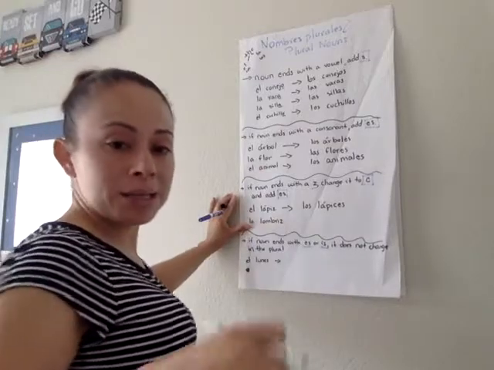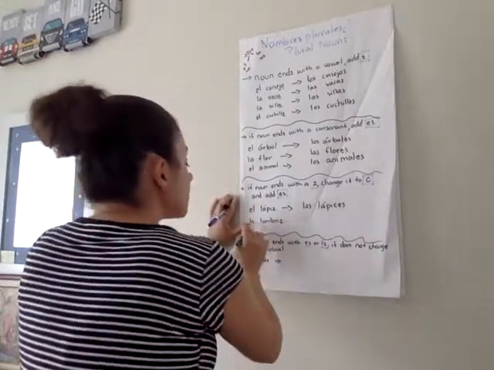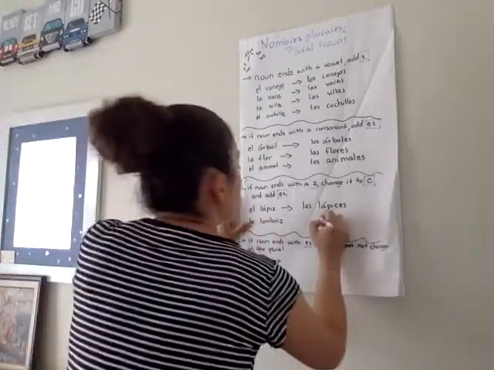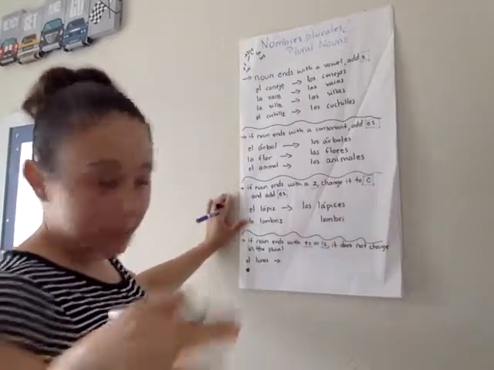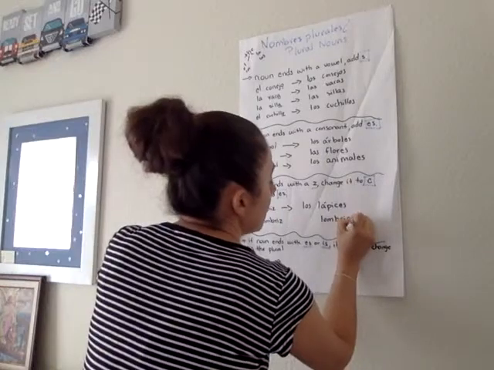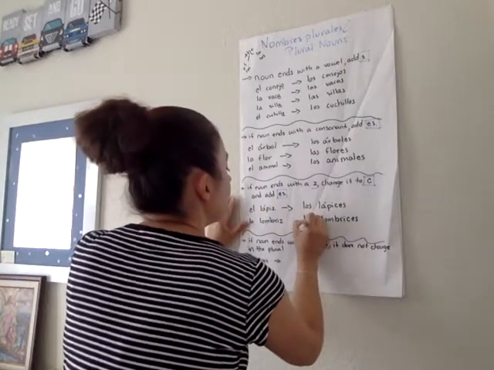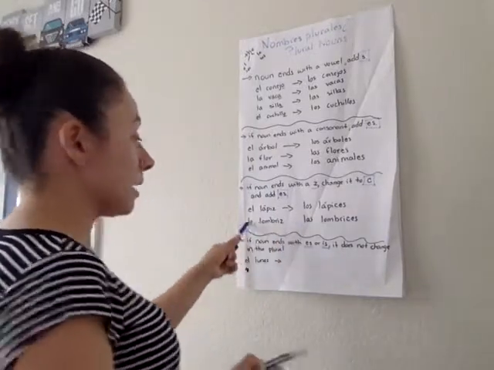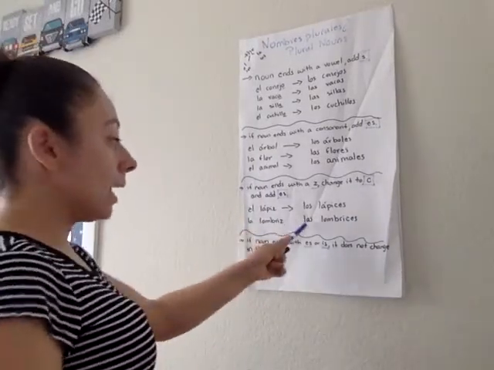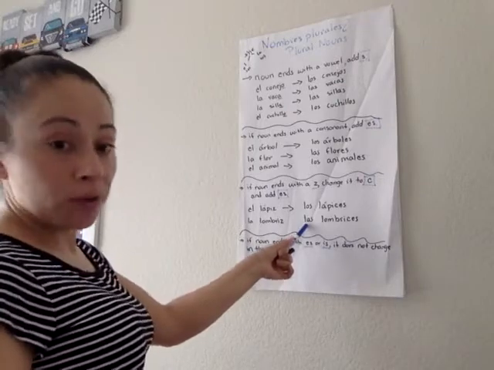Lombriz. Lombriz is like an earthworm. So lombriz ends with the Z. So I'm going to rewrite it over here. Lombri. I'm taking away the Z, replacing it with the CES, and it becomes las lombrices. Las, because la is singular feminine, and las is plural feminine.